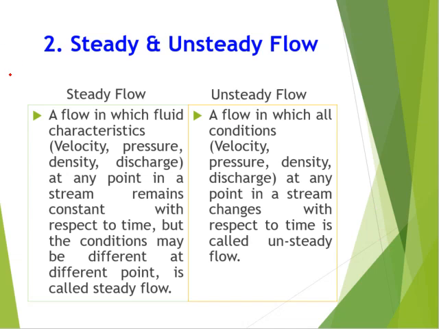It can be further explained by drawing a cross section. See, if this is a cross section of a stream at different points, I label these cross sections as 1, 2, and 3.